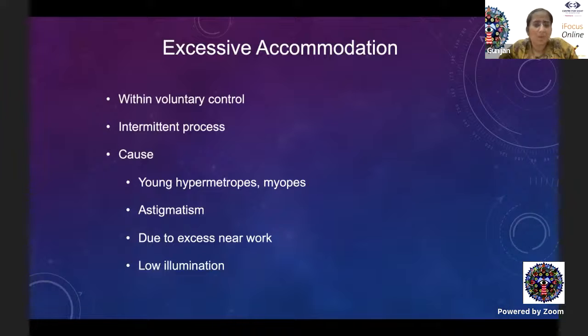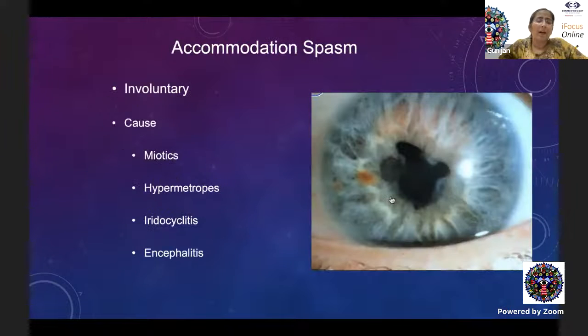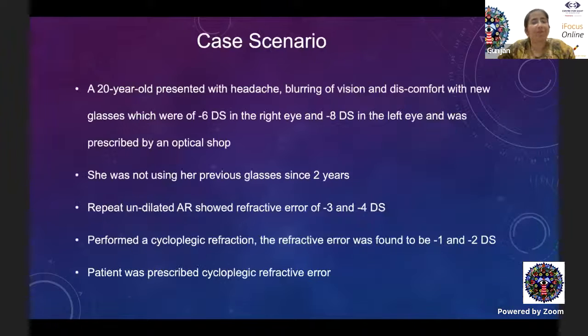It is within voluntary control, and it's an intermittent process seen usually in young hypermetropes and myopes, because of excessive near work and working in low illumination. Accommodation spasm, on the contrary, is involuntary and is caused by excessive usage of drugs like the miotic pilocarpine, hypermetropes, iridocyclitis, or in patients with encephalitis.